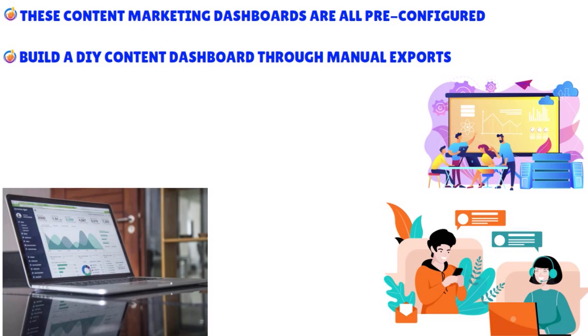So usually this will involve exporting all the data you'll need from different platforms to measure your content marketing OKRs and bringing it together via visualization software like Looker Studio. This gives you flexibility, and so you are able to export data from different content marketing sources to build your dashboard.